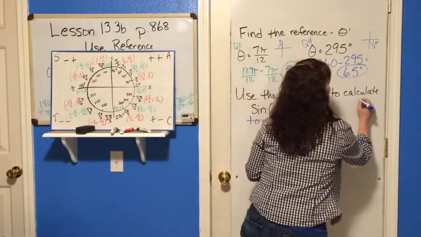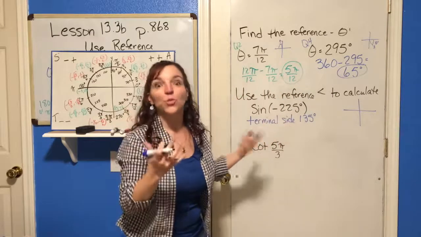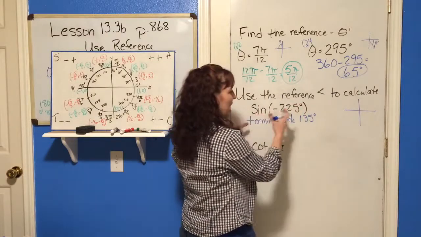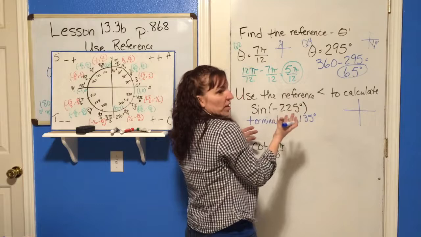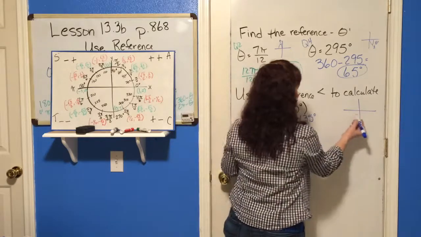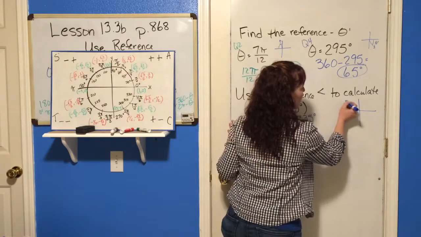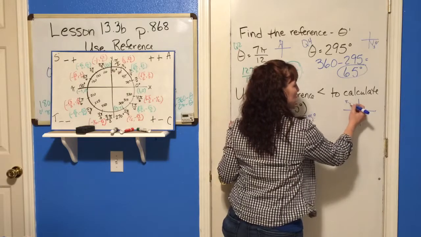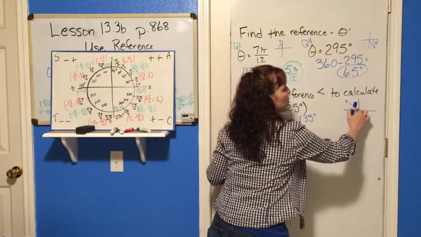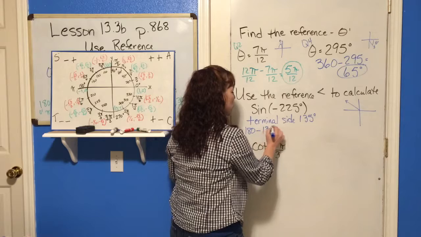So now, this is like a two-step to get to the reference. This isn't even actually the number itself. You're going to find the sine of this reference angle, and then you can easily find the sine of this. Your terminal side is at 135, so our reference angle is going to be 180 minus this 135.